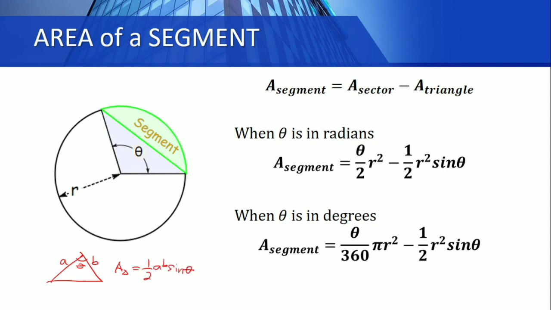So, yung A and B natin, that is equivalent to R. So, if yung A and B natin is equivalent to R, so, area ng triangle natin is equivalent to 1/2 R times R, so that will be R squared sine theta. So, doon galing yung ating area ng triangle.